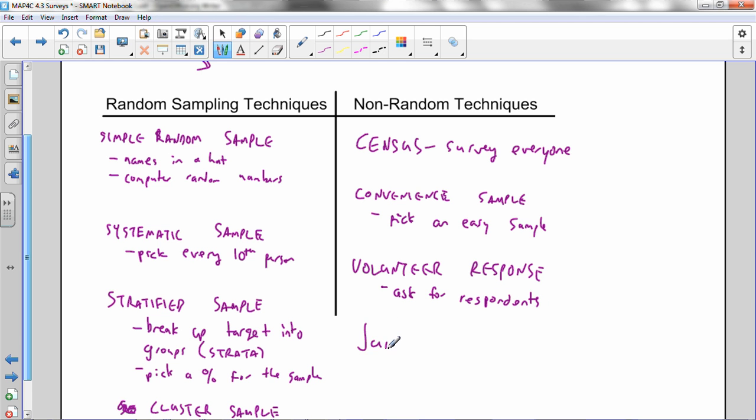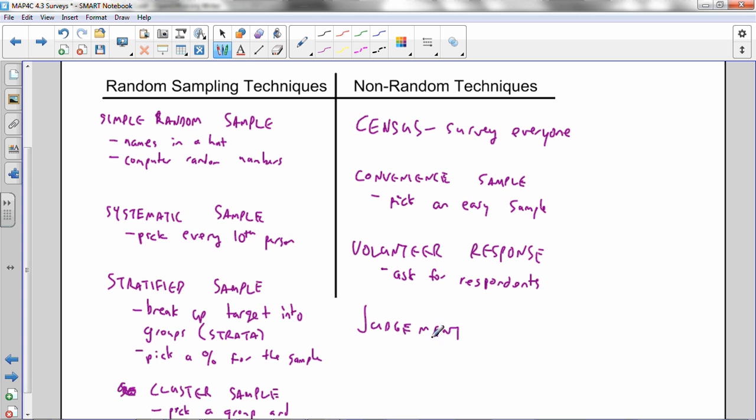There's another one that our book used called the judgment sample. Basically, you do a convenience sample and you kind of judge whether you've got enough boys and enough girls, whether it's representative of all the groups that you have in your target.